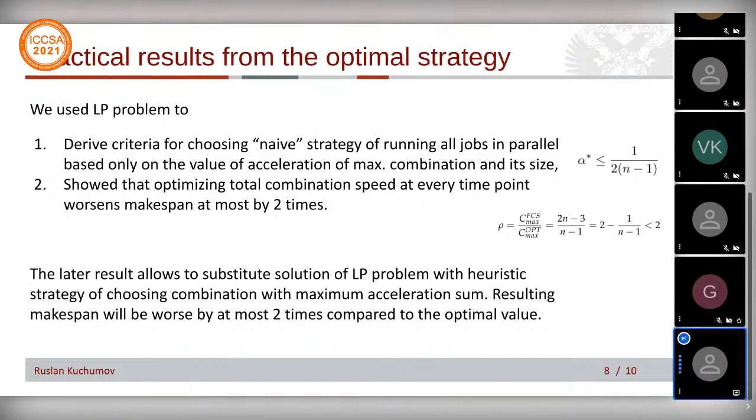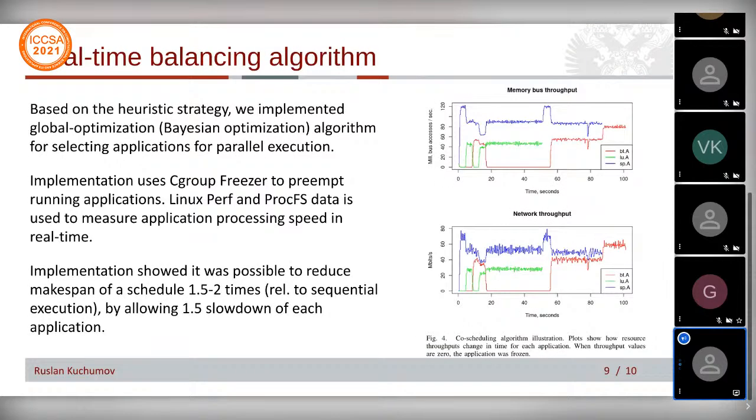So we are now working on implementing the strategy in the scheduler, and on the right side, you can see an example of how this strategy works. It simply tries different combinations at first and tries to measure their processing speed.